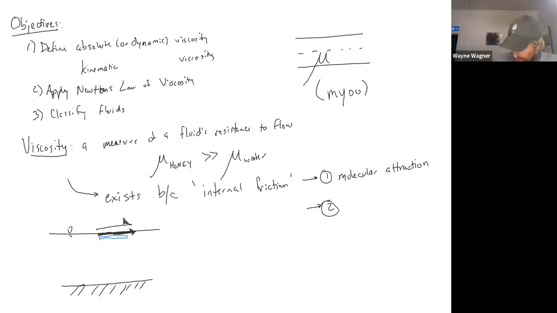I'm going to zoom in right here. The particles in this top layer are moving at this velocity, and they are attracted to the ones in the layer beneath it, which isn't moving quite as fast. Think of a particle right here moving at a certain velocity and a particle right here moving at another, attracted to each other.